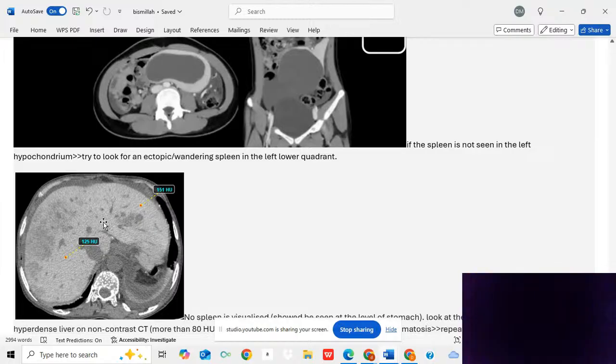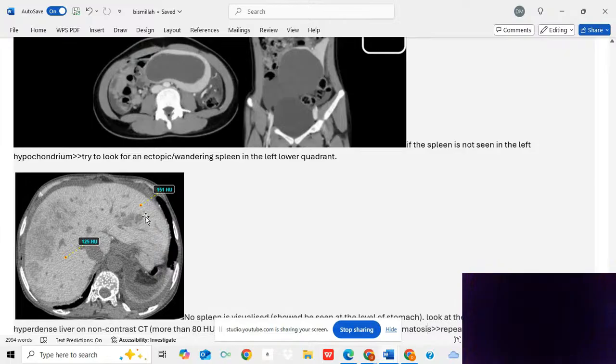The normal liver density should be between 60 to 80, and shouldn't be more than 80 Hounsfield unit on the post-contrast, not on the pre-contrast. When you give contrast to the liver, this may increase the liver density, but not over 80.